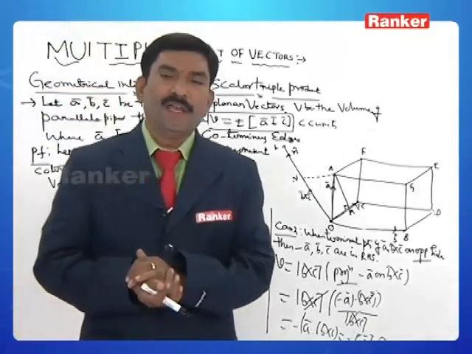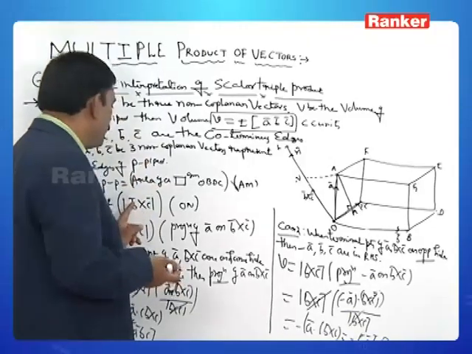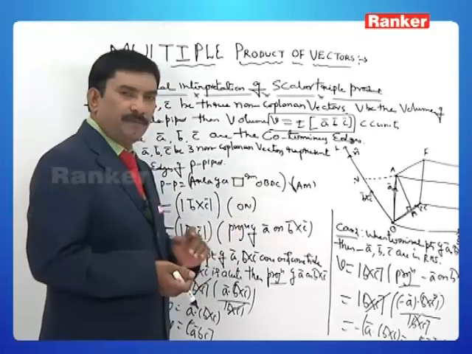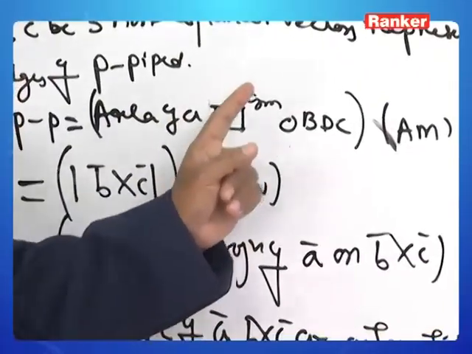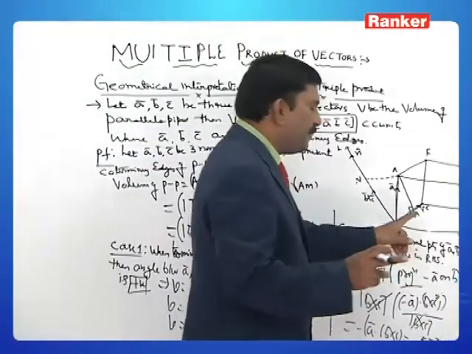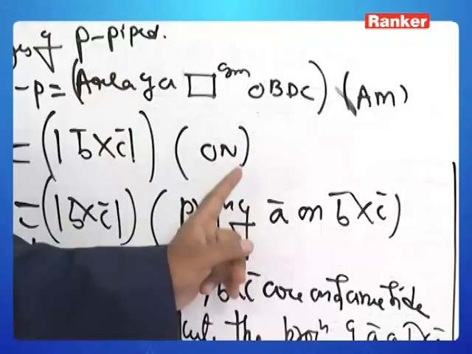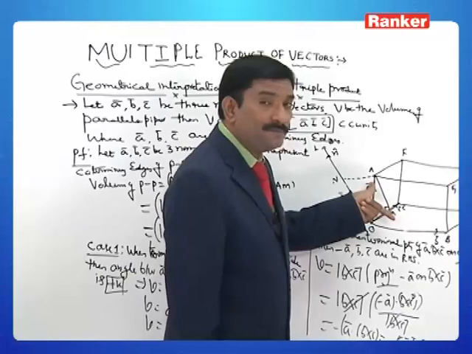Height is nothing but AM. So now I can write volume V is equal to the area of parallelogram OBDC into AM. What is the area of a parallelogram with adjacent sides B bar and C bar? It's given by modulus of B cross C into ON. This ON is nothing but AM.